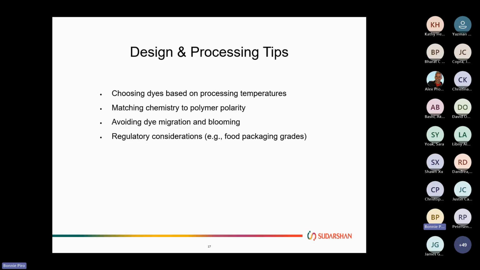Those are the two keys. If you take nothing away from this webinar, those are the two key ones to match when choosing your dye. Otherwise you get the potential for migration and blooming if it's not properly and 100% dissolved into the polymer. Of course, we can't forget about regulations. Sometimes that's the first on the list to look at.